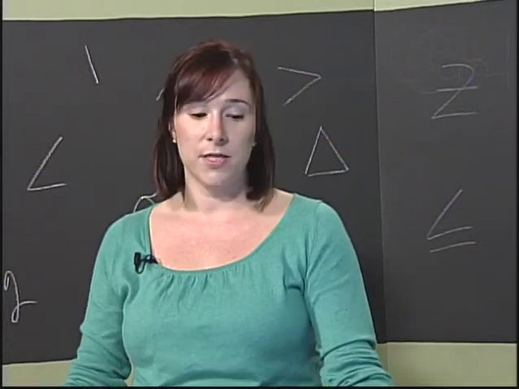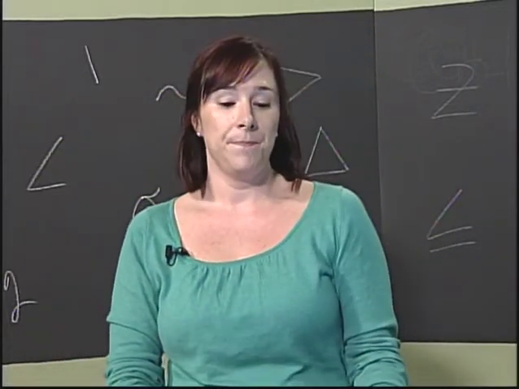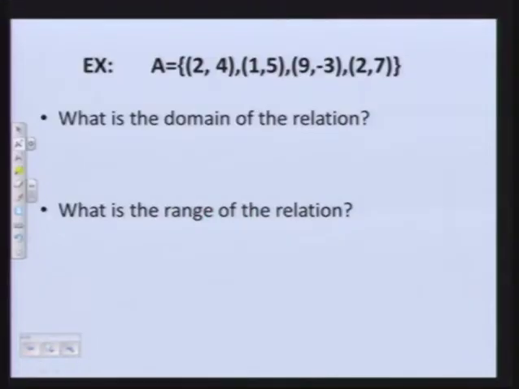All right, so let's look at some different relations, some different sets. If I'm given set A, here I have the points, the ordered pairs, (2, 4), (1, 5), (9, -3), and (2, 7). What is the domain of the relation? So what I want to do is I'm just going to list the elements. Once again, when we list them, we're going to do so in sets.